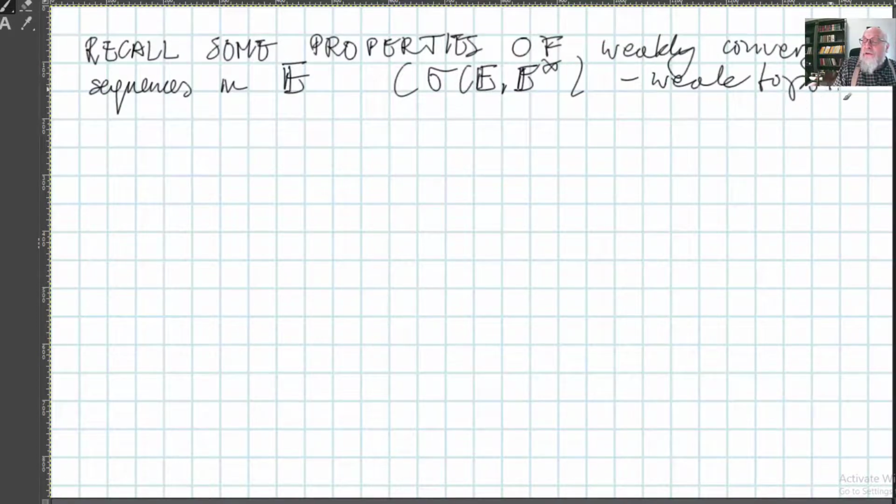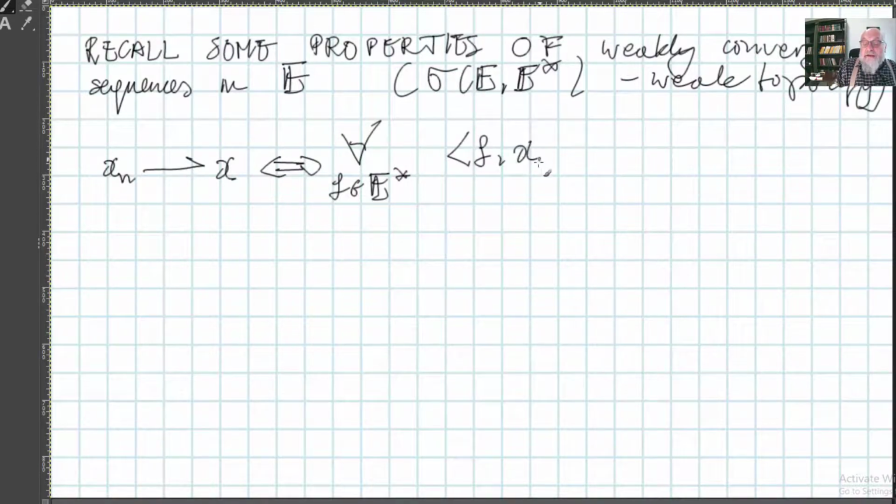So first of all, we have that a sequence xn converges weakly if and only if for every f belonging to E star, f of xn converges to f of x.